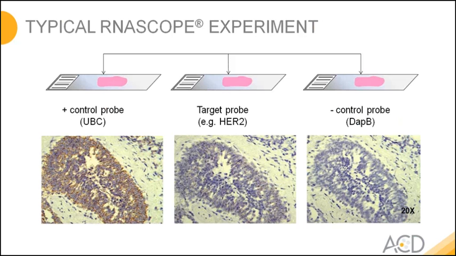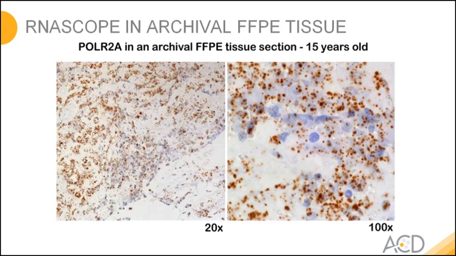Now, we also have looked at archival sections that have been on the shelves for many years. And the next slide shows you an example from a 15-year-old section, and this was now tested for a low-copy housekeeper again, Polar 2A, and you can see that even after 15 years of storage, you still are able to detect the dots very well. What you notice is that some of the dots are tiny and small, whereas others are huge and big. That reflects to some extent the degradation of the RNA.